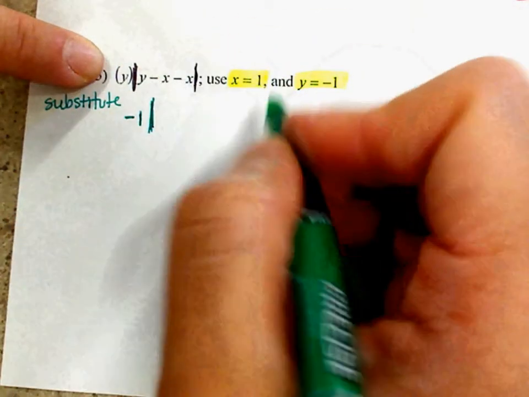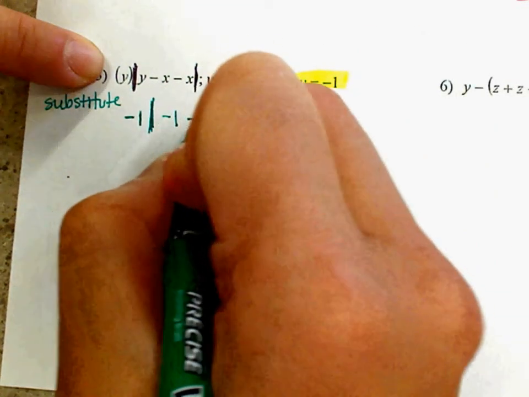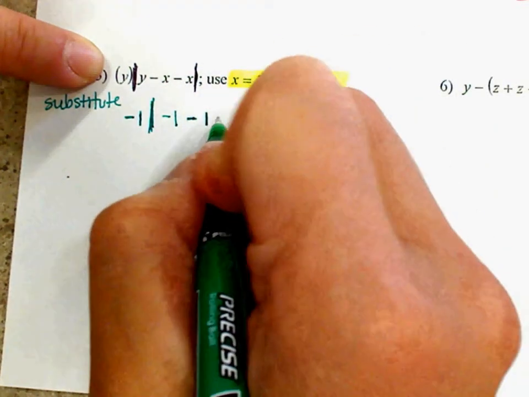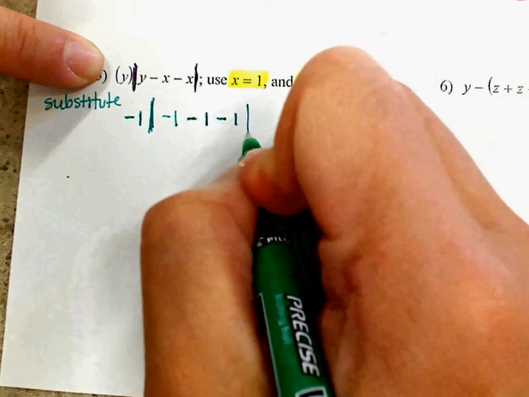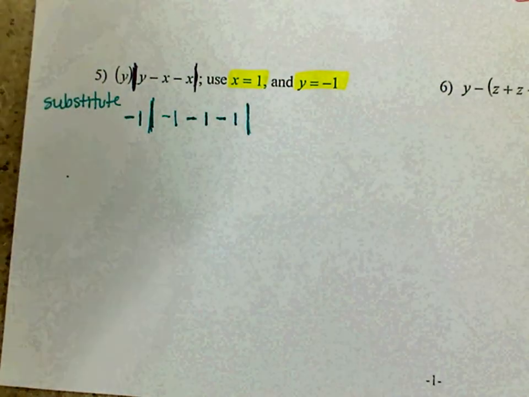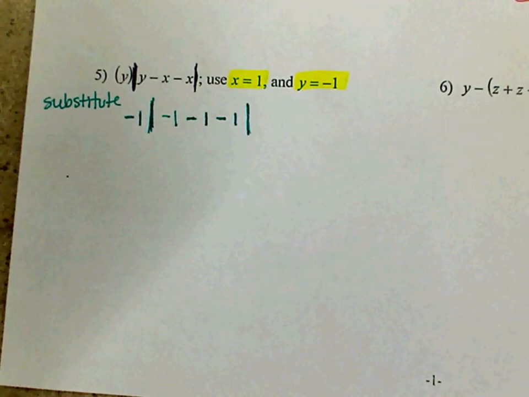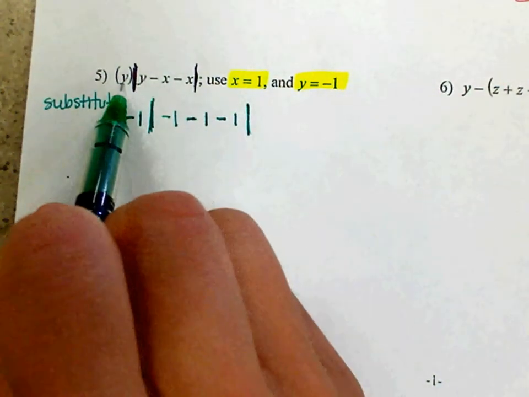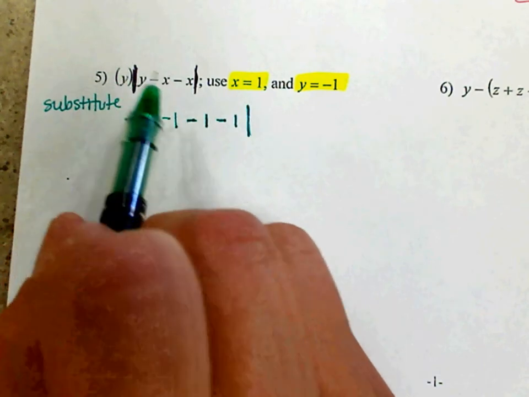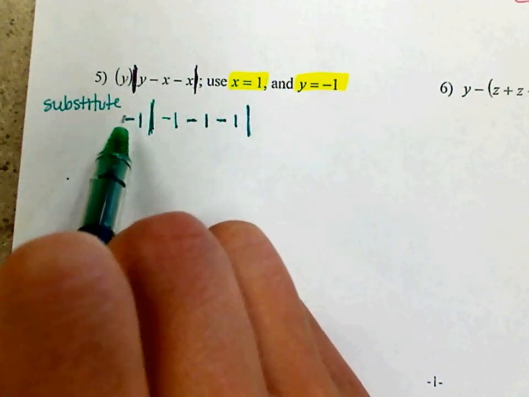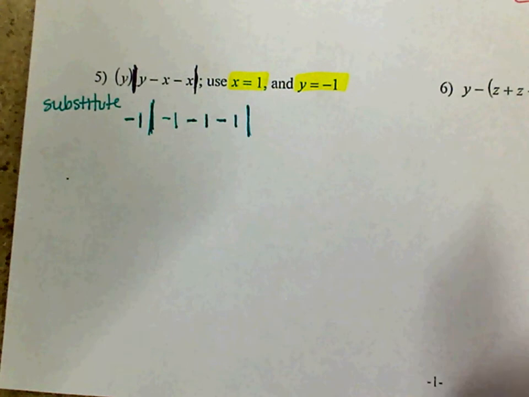Y is -1 minus x is 1, and then there's your absolute value. I added those lines. I made it absolute value. You think of it like a parentheses, but you have to simplify it first.